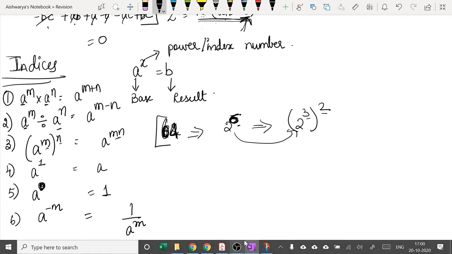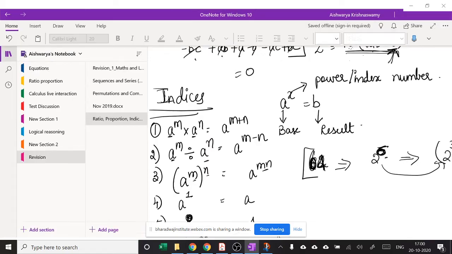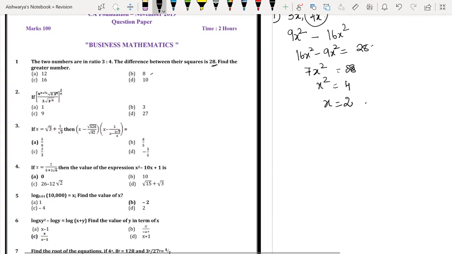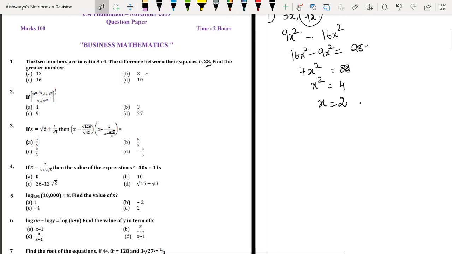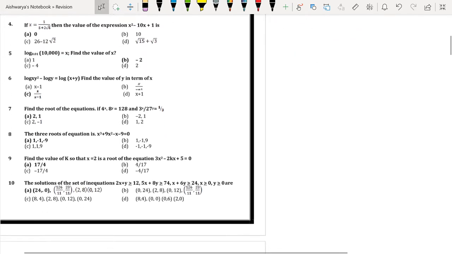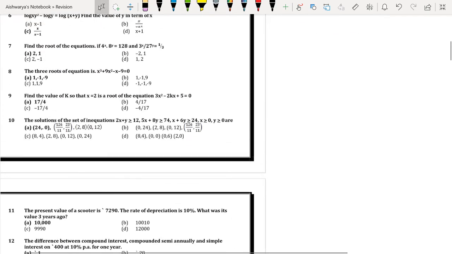Okay. So now let us look at this paper. See what kind of questions have come in indices here. There is just one question which has come here, question number 2. We'll try and see if we can solve it. Any other questions? No. They're all equations questions only.